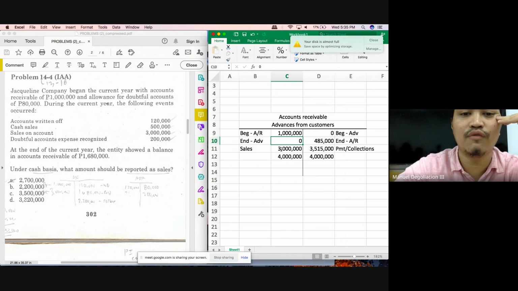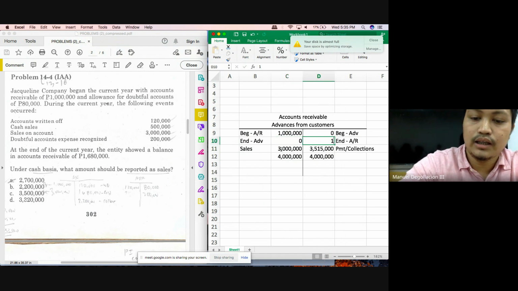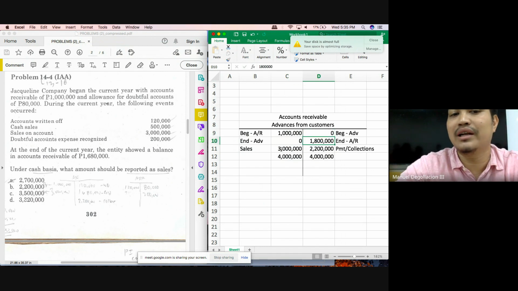How much were written off, class? 120. So you add it back to 1,680. That would be 1,800,000. Because I hope you understand what we're doing, class. Ending AR is 1,680. But the 1,680 does not just come from the difference between collections and sales.